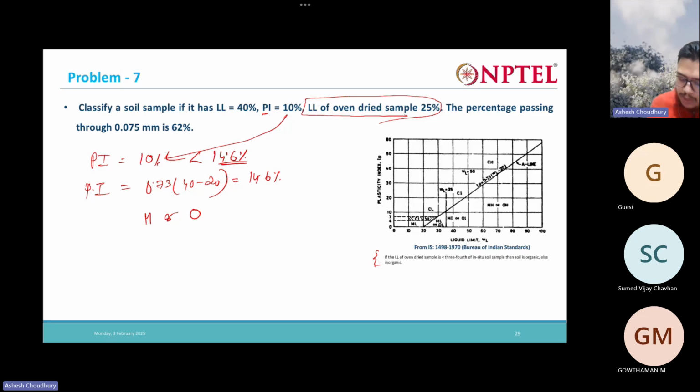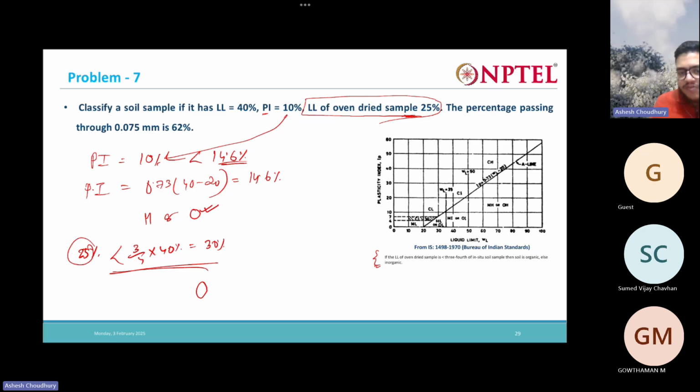What is the liquid limit of the overnight sample? It's 25%. Now, what is 3/4 of the liquid limit of the in situ sample? 3/4 of 30. So 25% is definitely less than this. That means our soil is O, organic.